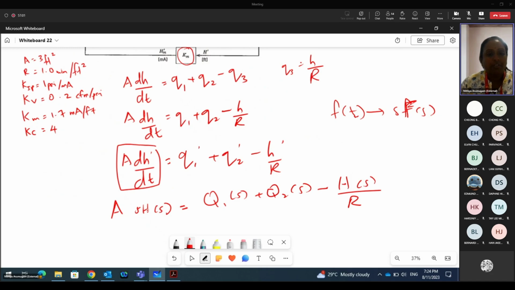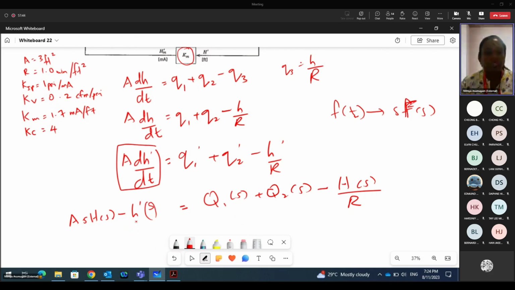Now, when I transform this, of course, I'll be having the area times the Laplace form, but I also will be having the initial level, the initial condition.